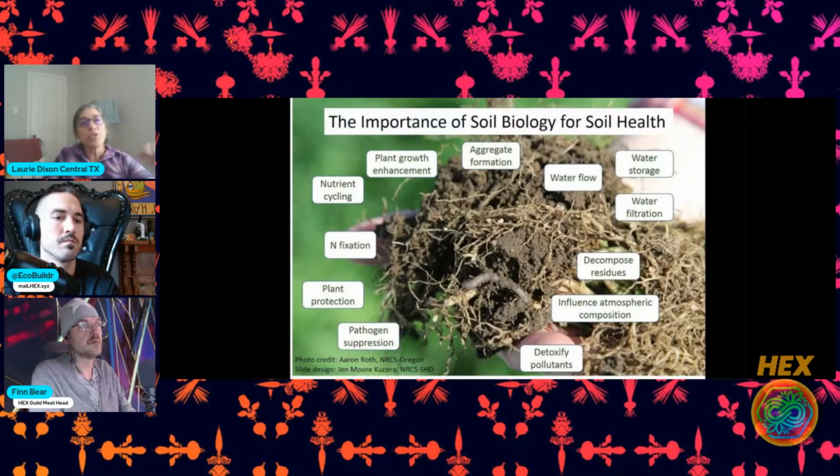You have all the trophic levels, and we'll get into that after this, but basically you have the bacteria, the fungi, the protozoa, the microarthropods, the macroarthropods, and plants that are just happy as can be.